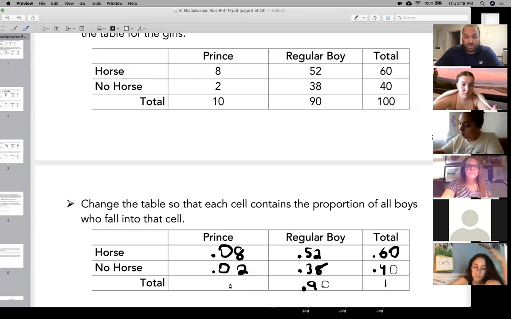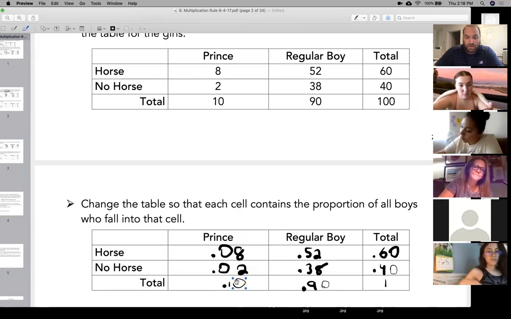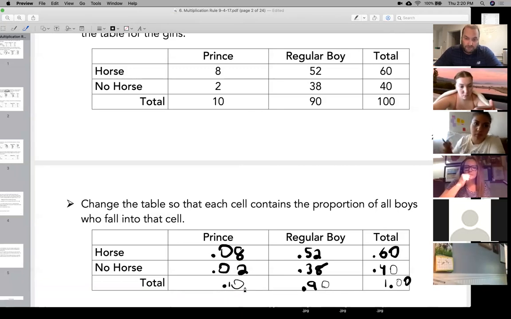And what goes here? 0.10. Is that 1 or 10? This one here? The total for the first row: 0.08 plus 0.02 is 0.10.